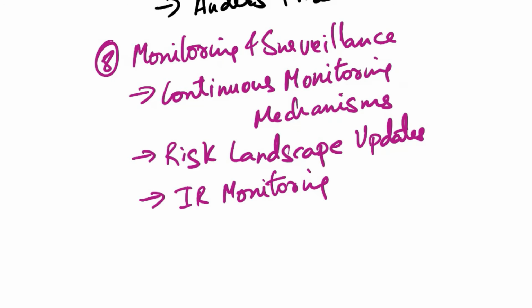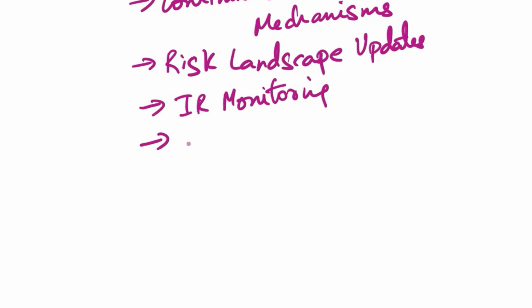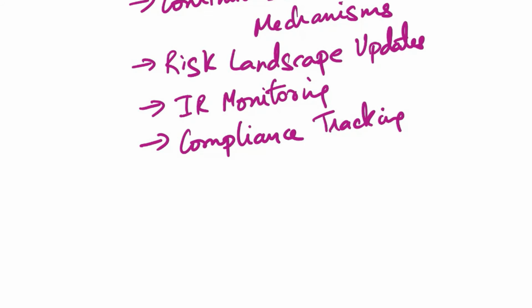This includes tracking their response times to security incidents and assessing the efficiency of their incident response plans. Next, regulatory compliance tracking. Keep track of changes in regulatory requirements that may impact third parties. Ensure that external entities maintain compliance with relevant laws and standards.